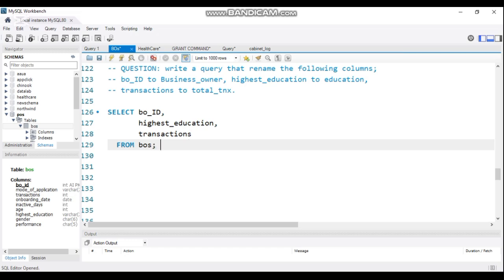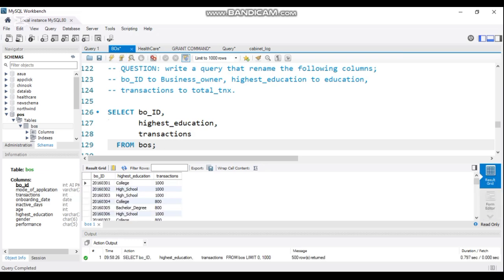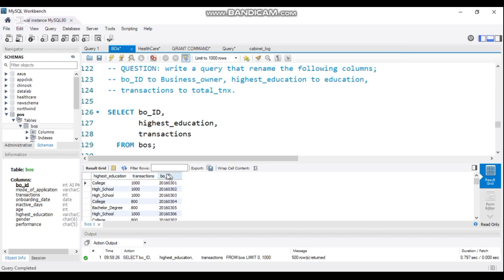Okay. Now we are going to run it to check our normal headers in the table, the column names that we have. Now we have our result: BOID, highest education, and transaction. These are the normal column names that we recorded in our database.